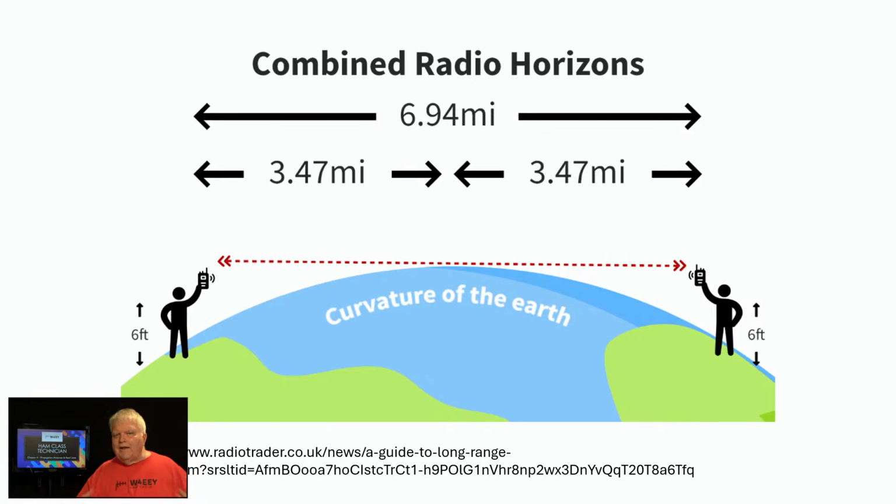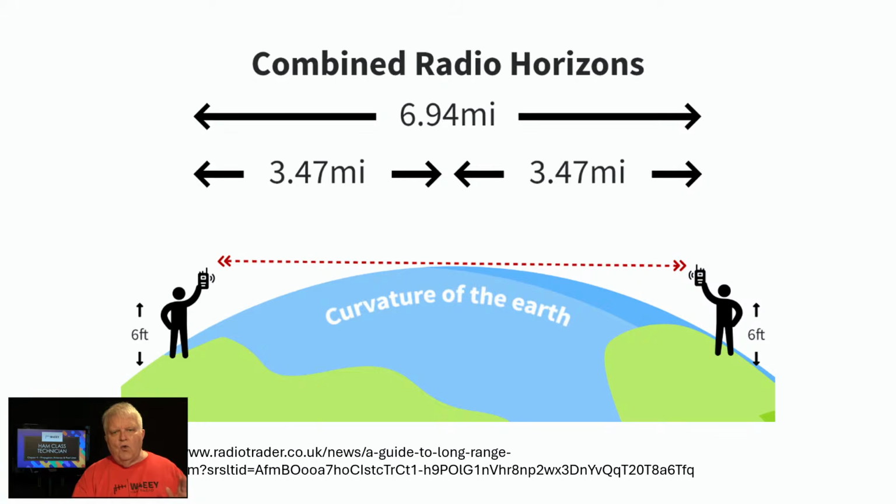So theoretically, if you didn't have trees or buildings or obstructions in the way, about 7 miles if you're on the ground. Now things change, however, if you can get one of you up high, or if you have a tall tower, or if you're working through a radio repeater that has a tall tower. So we'll talk more about that. But the common question, and if you see the ads, oh, this radio goes 20 miles. Well, maybe under the right conditions.